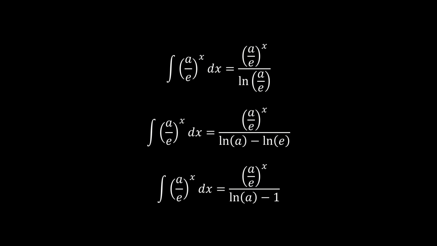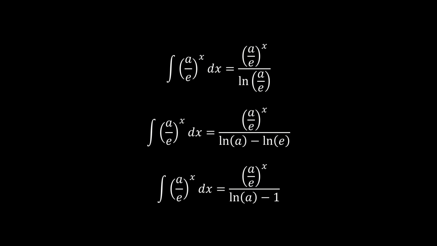Because of the properties of logarithms, the natural log of a divided by e can be broken up into the second line, where in the denominator we have the natural log of a minus the natural log of e. If you're dividing terms inside of a log, that's just like taking the log of the numerator minus the log of the denominator. And the natural log of e, since natural log is just log base e, natural log of the argument e just becomes 1.